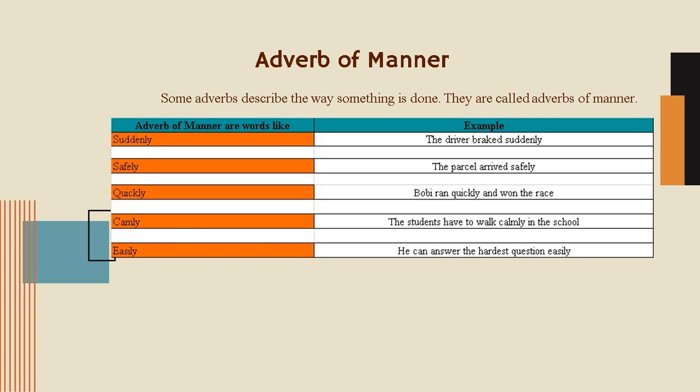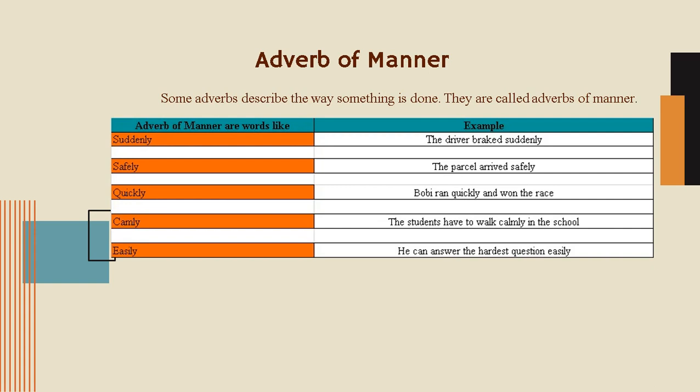Third, adverb of manner. Some adverbs describe the way something is done. They are called adverbs of manner. Adverbs of manner are words like suddenly, safely, quickly, calmly, easily, and others. Suddenly, for example, the driver braked suddenly.